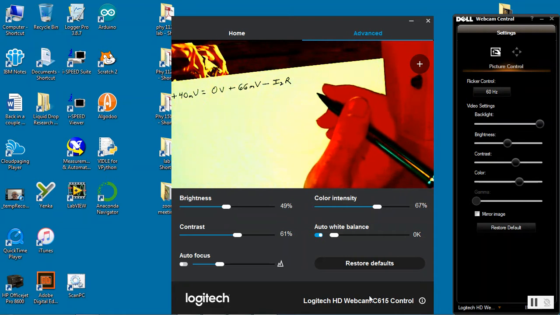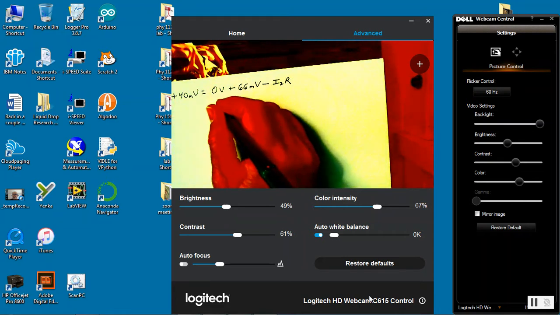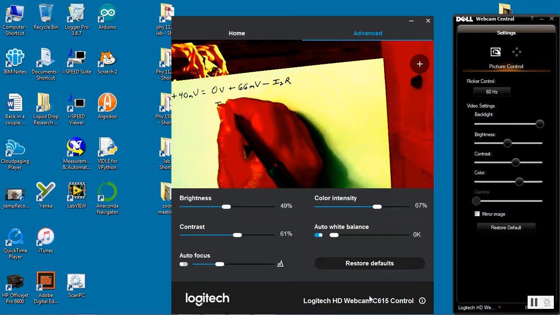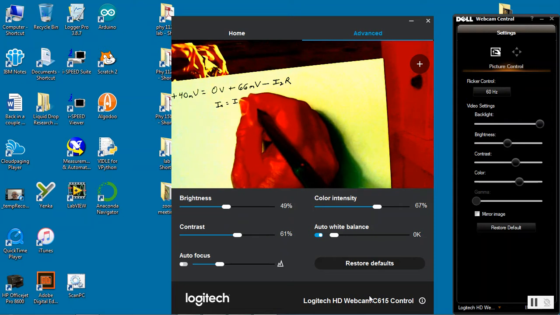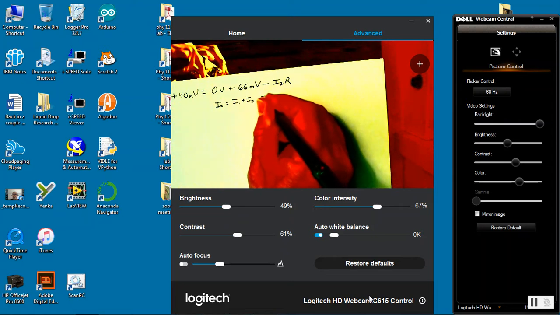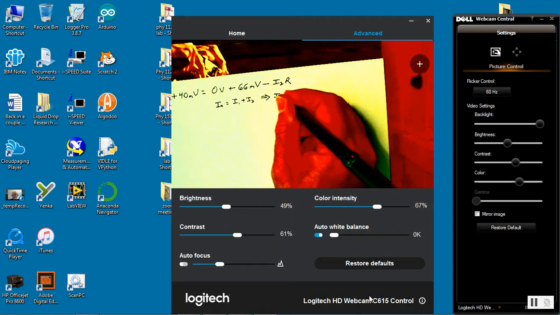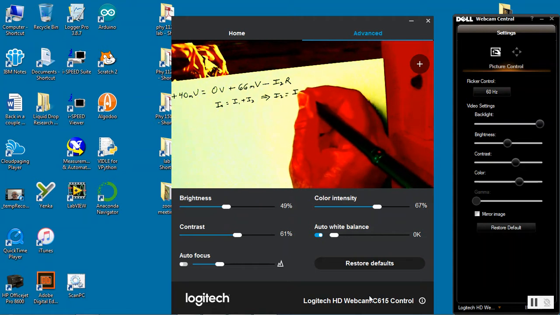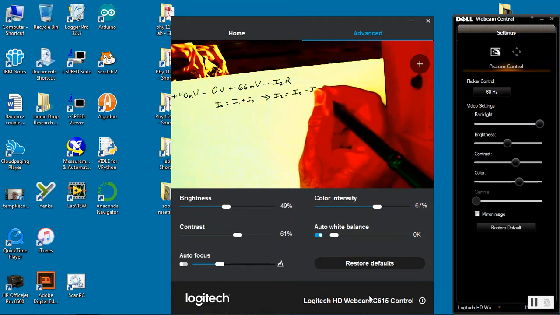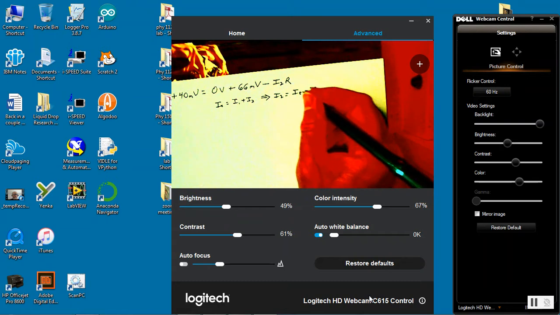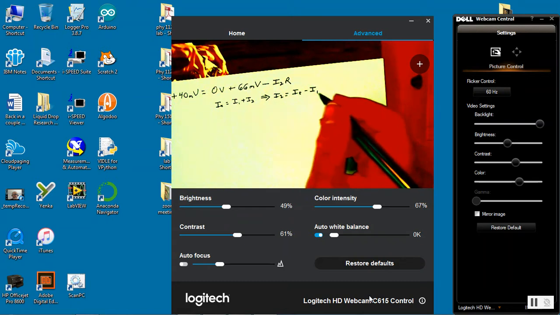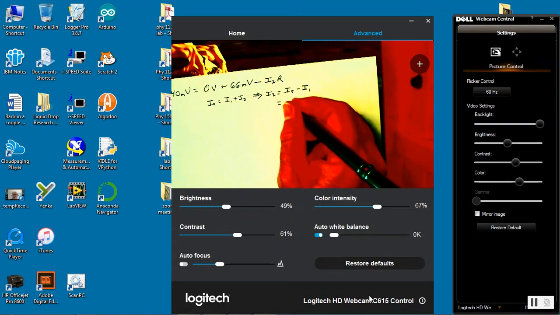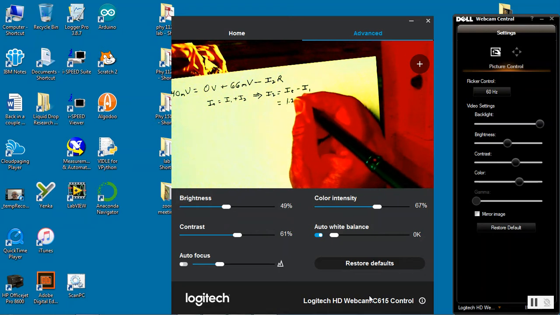Well, we need to know I2 still, but we know that IT equals I1 plus I2, so I2 equals IT minus I1. Total current is 1.29 milliamps.